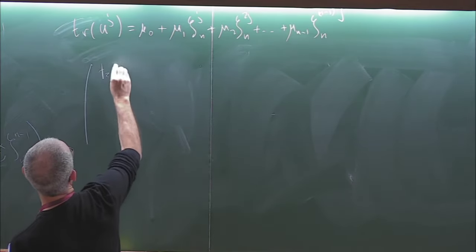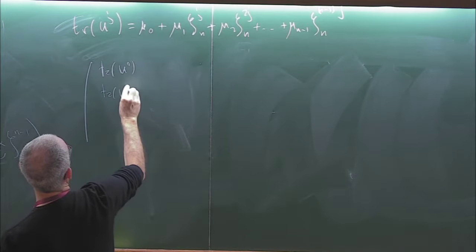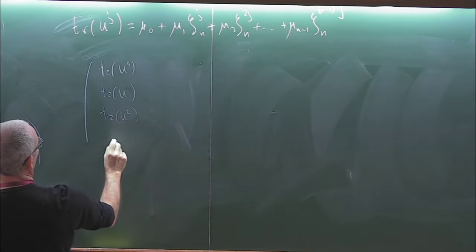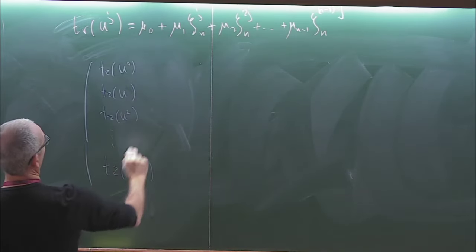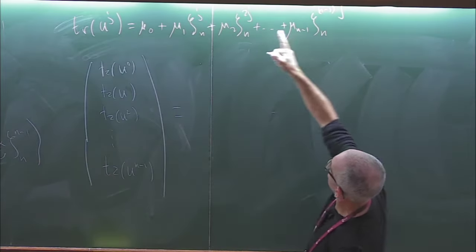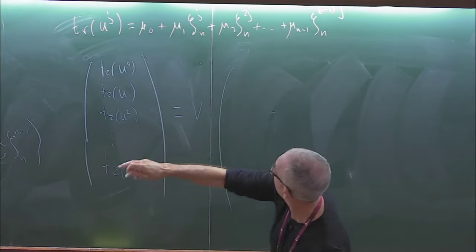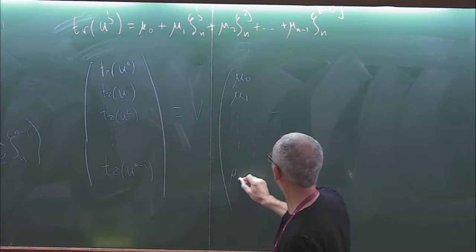If I calculate all the traces of the different powers, these numbers, with j equals 0, etc., are the result of multiplying the Vandermonde matrix by the different multiplicities.